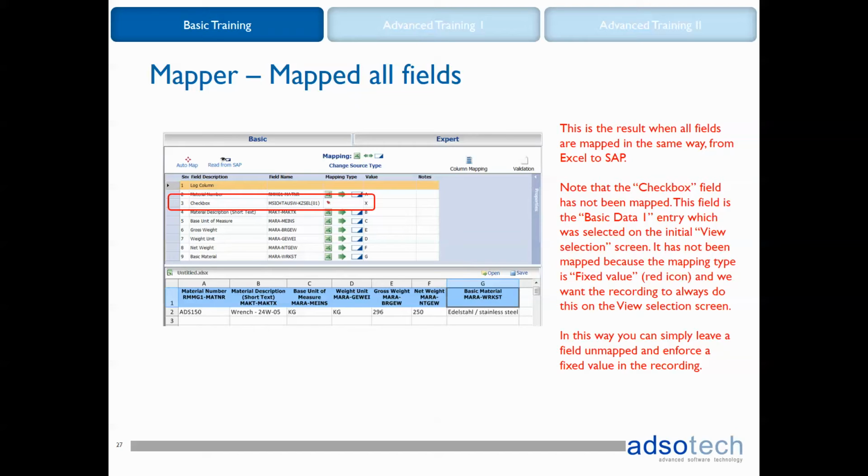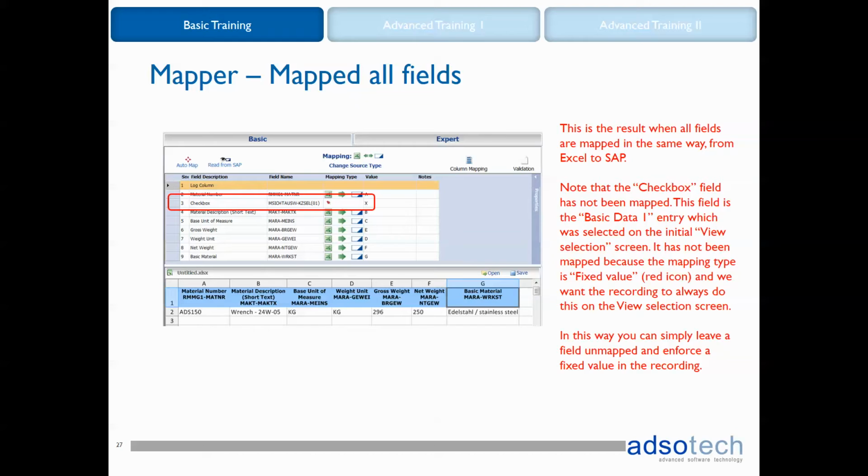There is one SAP field here highlighted, and that's row 3, checkbox. We haven't done any dragging and dropping for this particular checkbox because this checkbox actually refers to the selection of view that we had there in the quite beginning of our MM02 transaction.